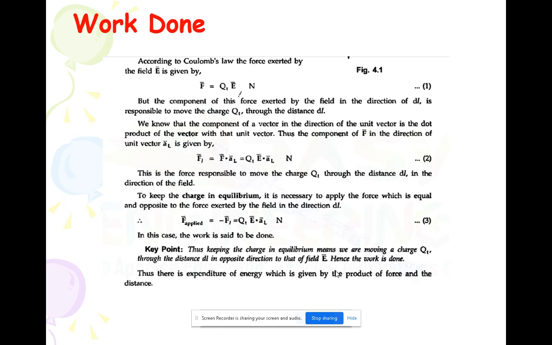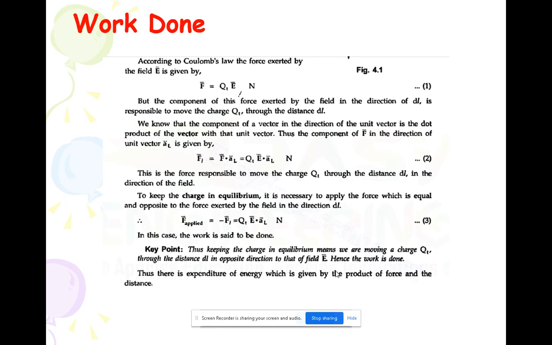The component of this force in the direction of dl is responsible for moving the charge Q through the distance dl, from one point to another.